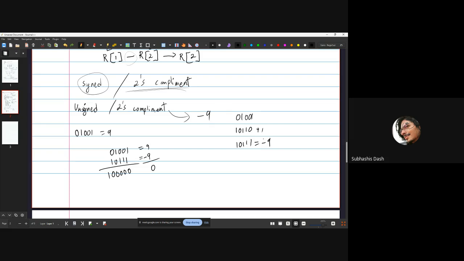But tell me one thing. If we have a system that can only read up to 5 digits, will this last overflow digit be read? Think about this. Let's say we have 4 bits and I want to make a decimal counter.